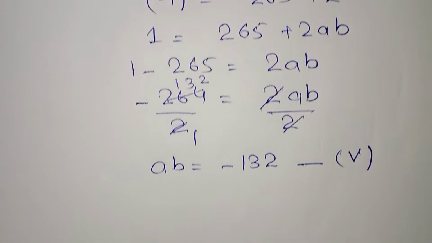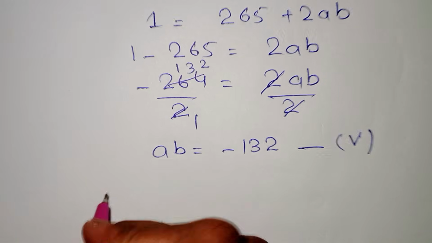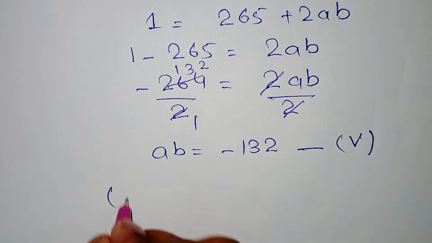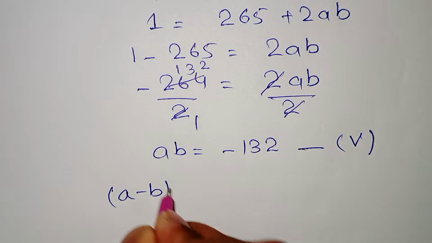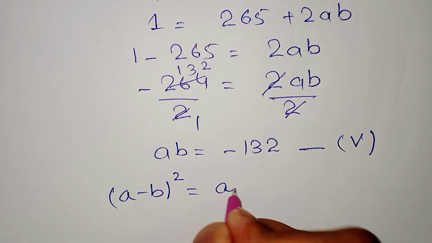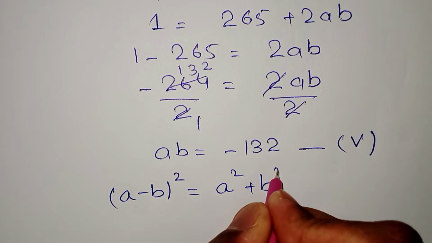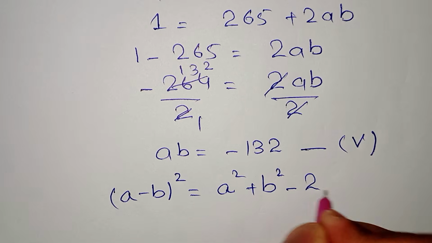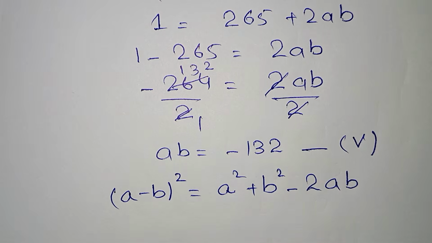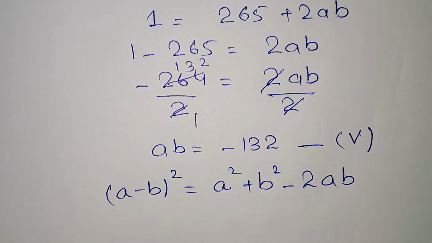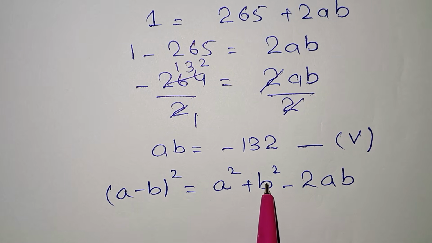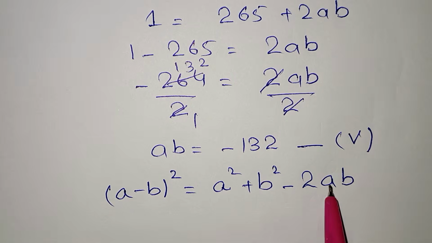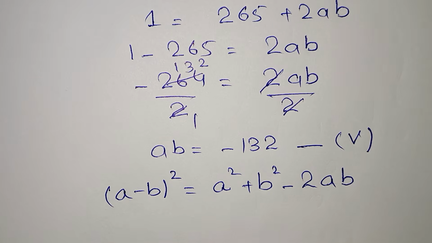Now we know that (a − b)² = a² + b² − 2ab. We know the value of a² + b², which is 265, and ab is −132.